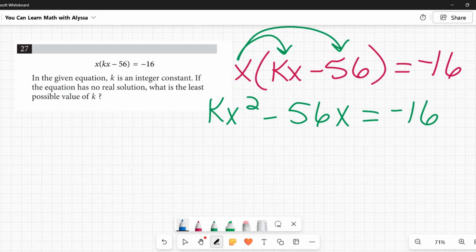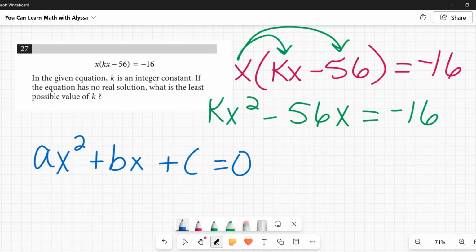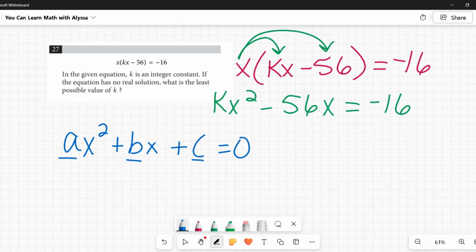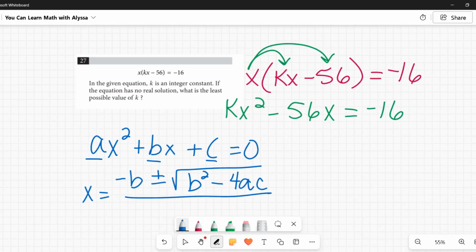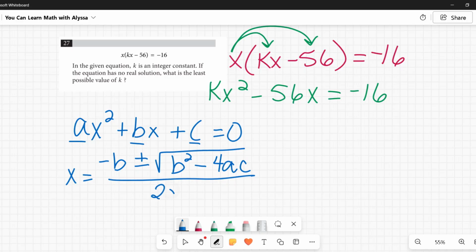When I have a quadratic in the form ax squared plus bx plus c equals 0, and that part's important, it has to equal 0, and a, b, and c are constants, I can solve for x like this: x equals negative b, plus or minus the square root of b squared minus 4ac, all over 2a.